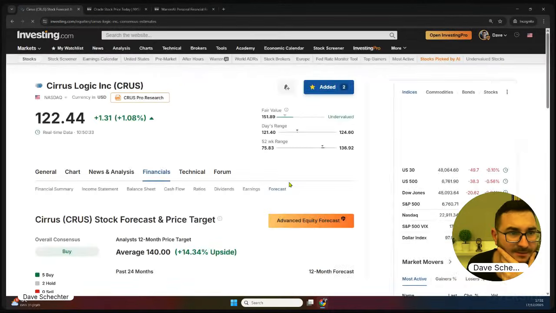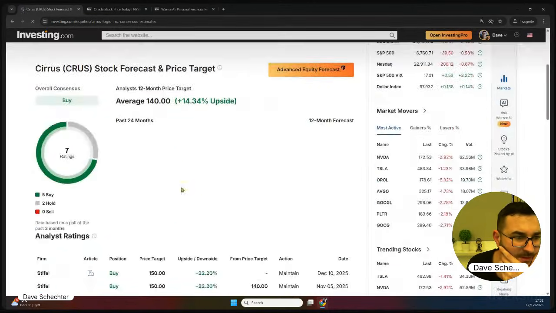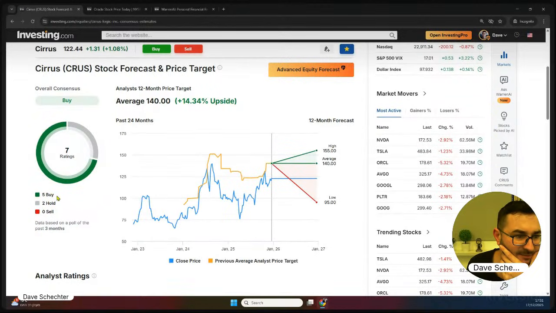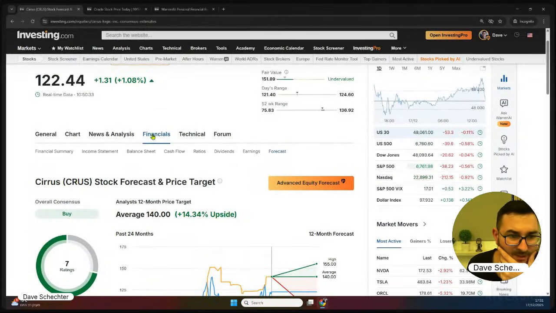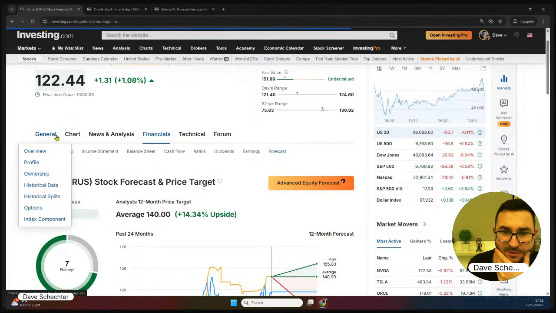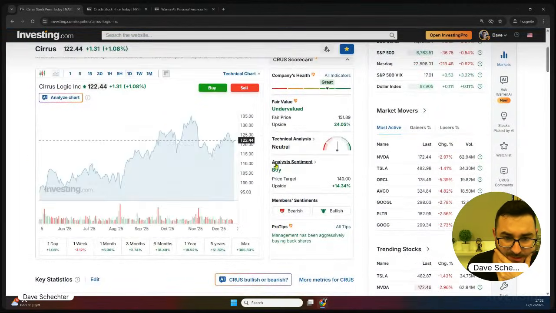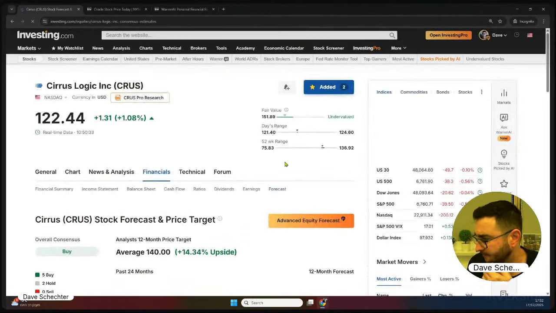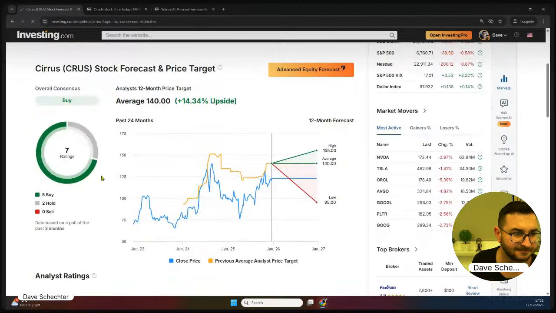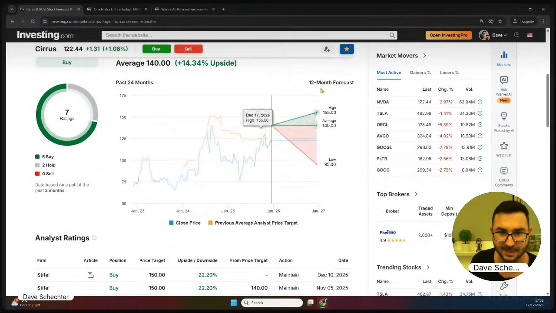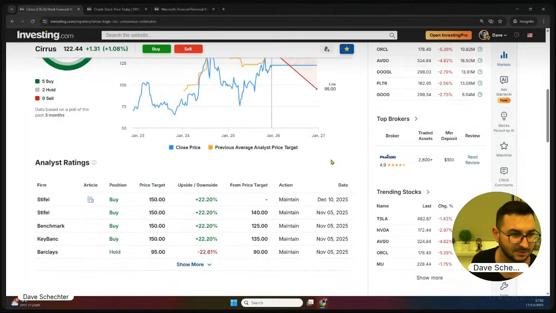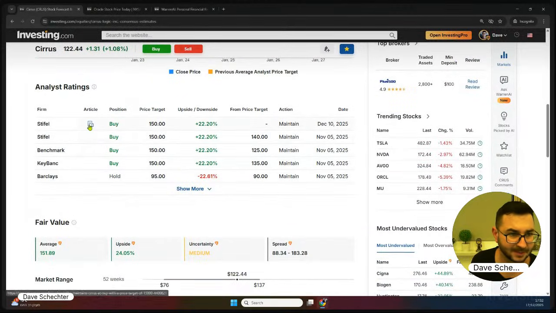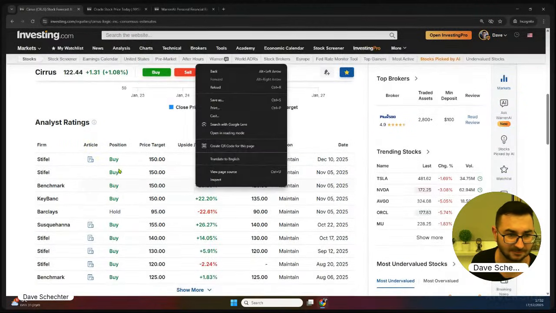Okay, analyst sentiment. That's probably it. Okay, we got 7 ratings here, so that's what you want to look for. You can find it on the Investing.com site on the overview page, and it's over here by analyst sentiment. And there are 7 ratings total. And here you have the high, the low, and the average. Here are the articles, here's the position, and so on and so forth.